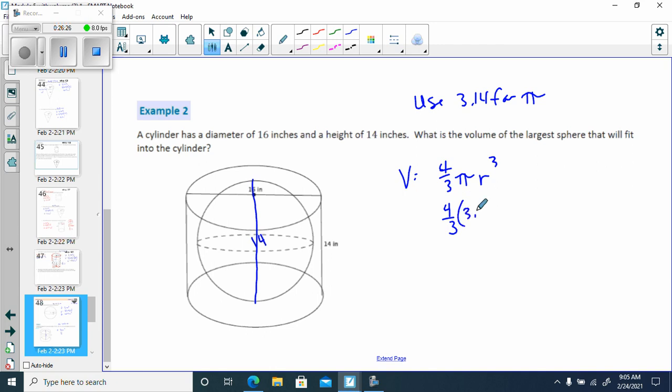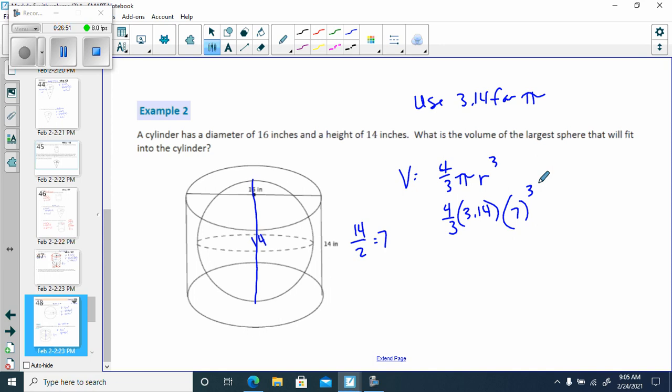4/3 times 3.14 times our radius. If our diameter is 14, our radius is half of that, which is 7. 7 cubed. In your calculator, you would put in 4 divided by 3 times 3.14 times 7 times 7 times 7.